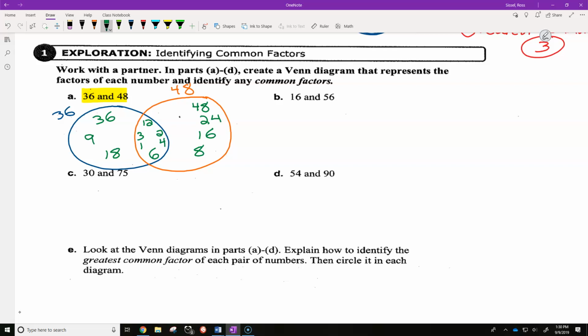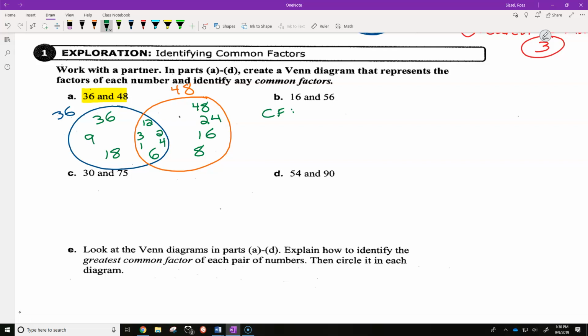Now, what is my common factor? Greatest? Nope. What are my common factors? This will also be for link spots. Everyone. Alex, what would be my common factor? 12. Talon? 1.